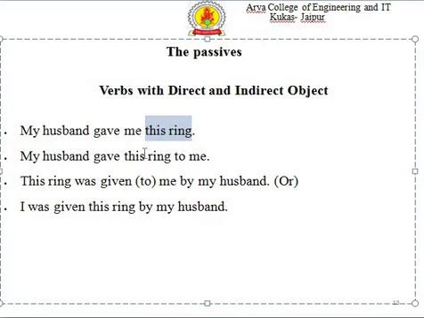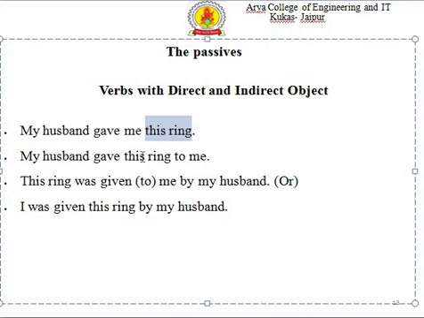The direct object is one which directly makes a sense, a reference with the verb, and an indirect object is one which does not directly relate to the verb, and if that object is omitted, it won't change the sense of the sentence.